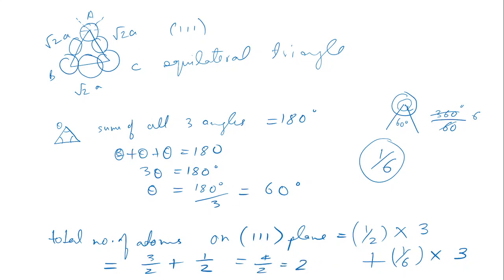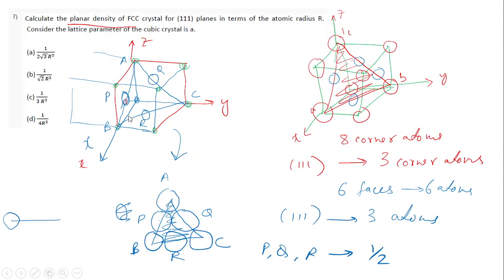So after doing this little maths, we understood that on this 111 plane for FCC crystal, total effectively 2 atoms will be there on this 111 plane. Okay, it's touching these 6 atoms, but effectively there will be 2 atoms per 111 plane.